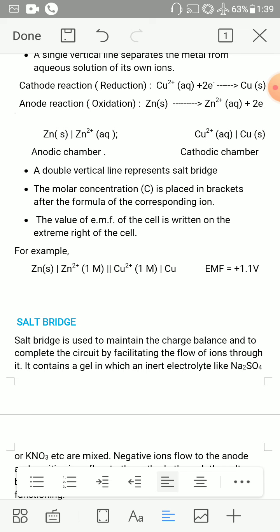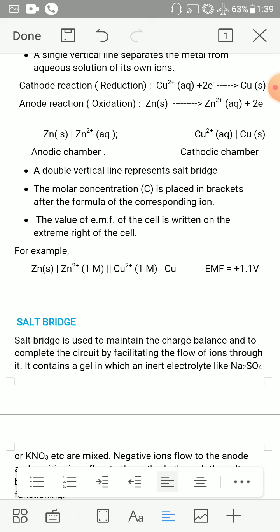But one thing you have to remember: during calculation of cell potential, you have to take the electrode potential only in terms of reduction potential, of both electrodes, the cathode and the anode.